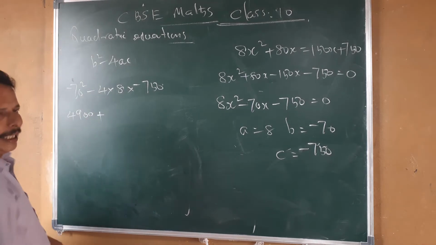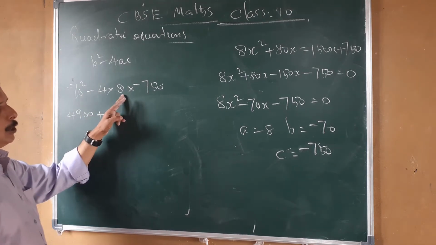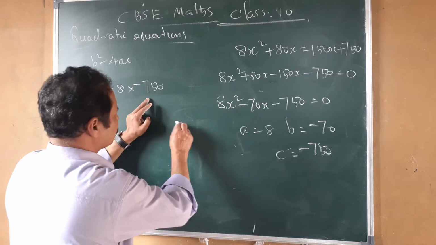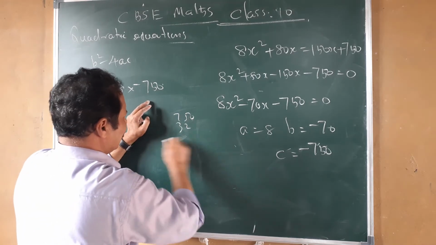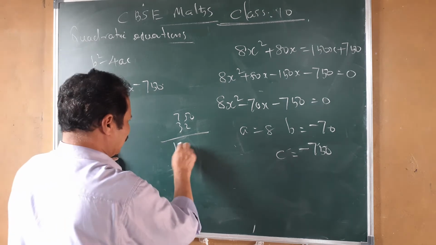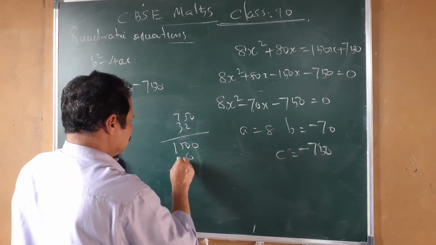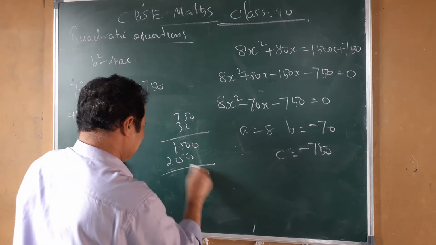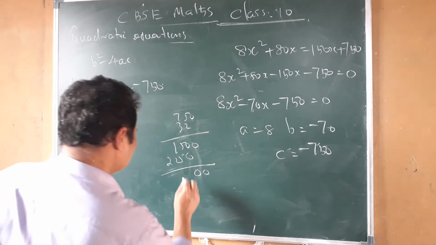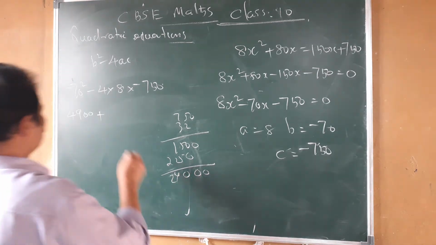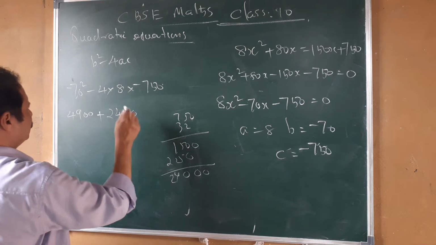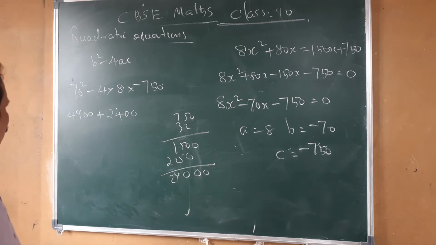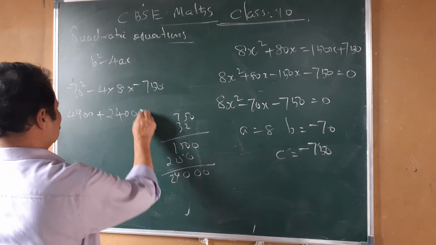Minus into minus is plus. 4 into 8, 32, into 750, that is 24,000.